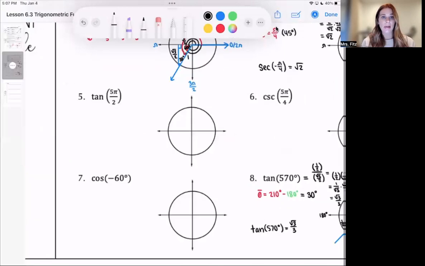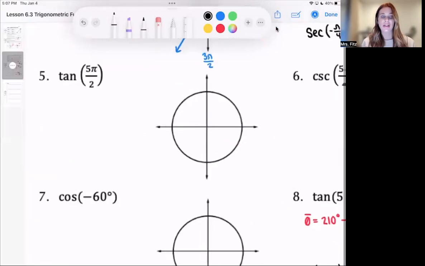Okay, number 5, we have tangent of 5 pi over 2. So once again, we start on our initial side. And we have 0, pi over 2 up at the top, pi, then 3 pi over 2 down at the bottom. Okay, 5 pi over 2. Well, this one is a little bit tricky.